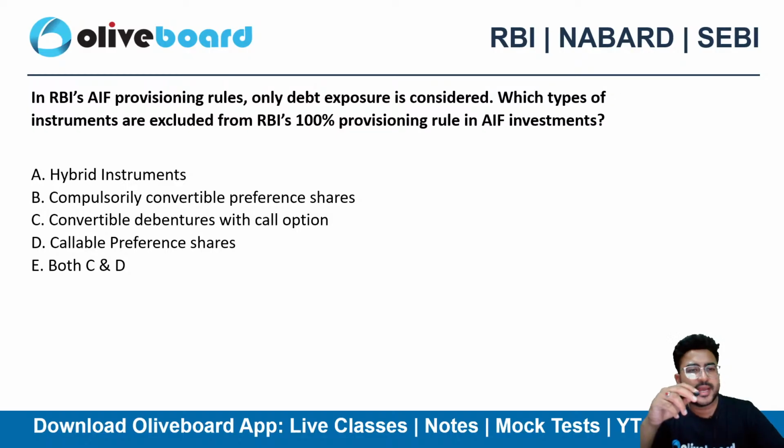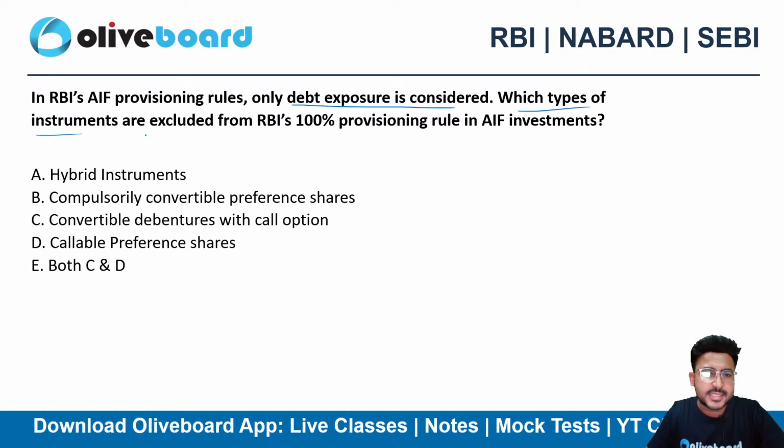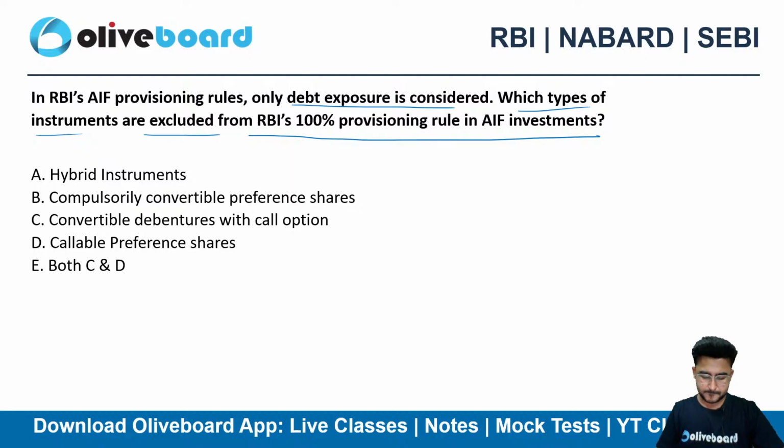Next is, in RBI's AIF provisioning rules, only debt exposure is considered. Okay, only debt exposure is considered. Which types of instruments are excluded, not included, from RBI's 100% provisioning rule in AIF investments?